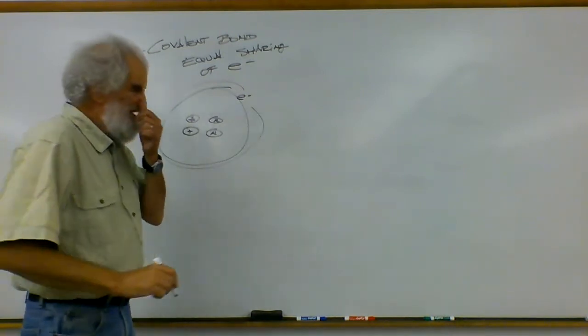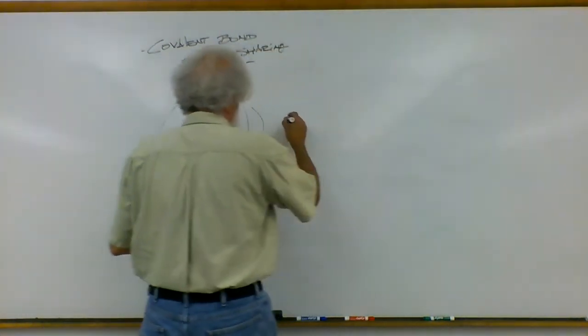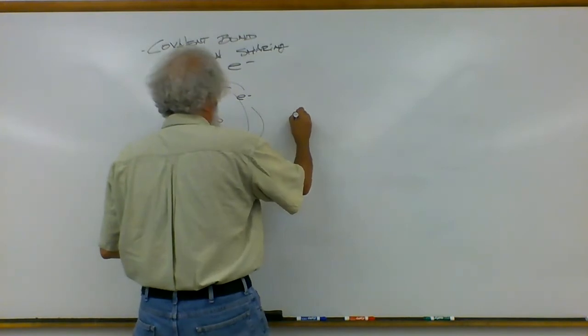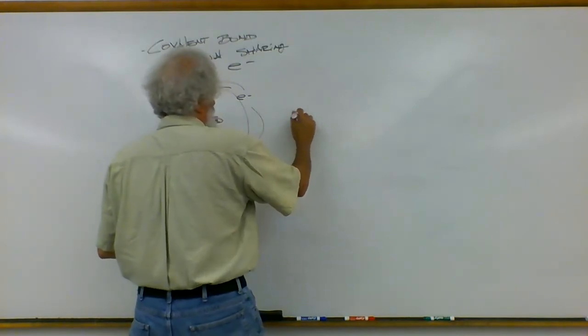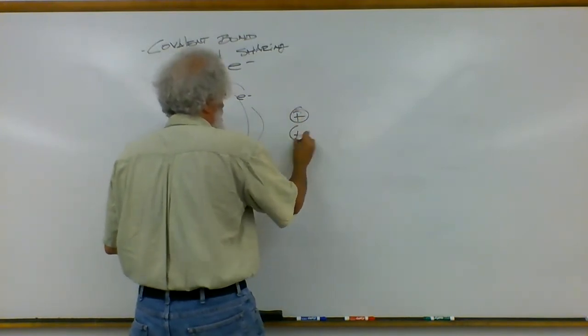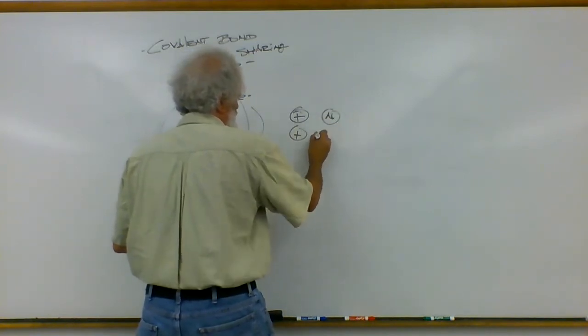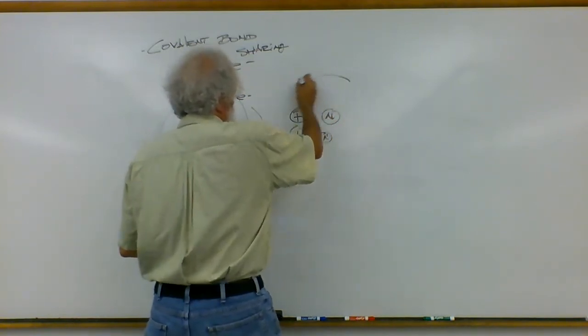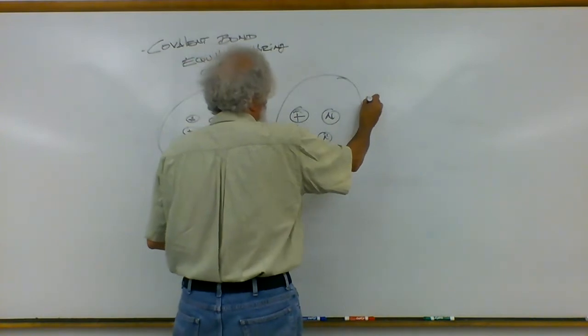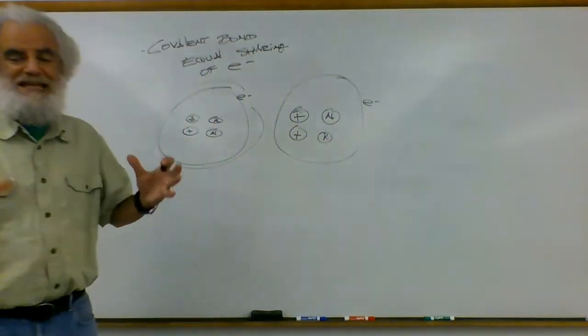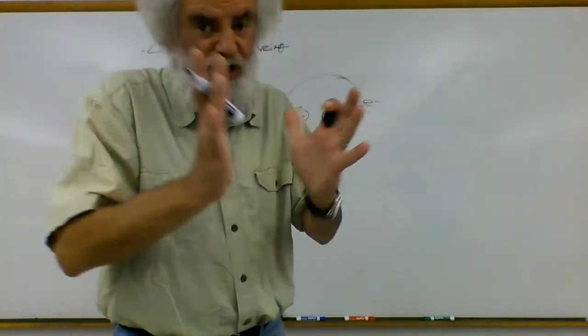Now let's take another helium atom. We've got the proton here, positive charge, the neutron, and there's the electron.